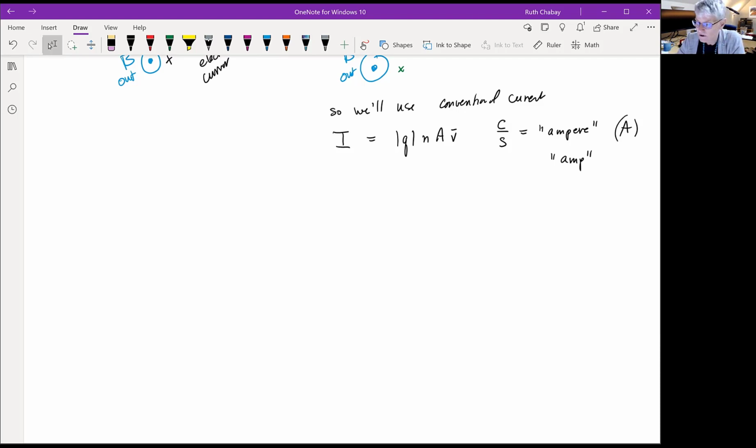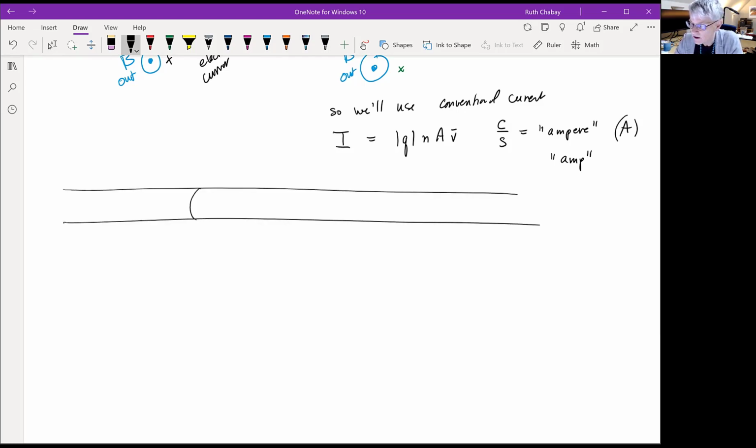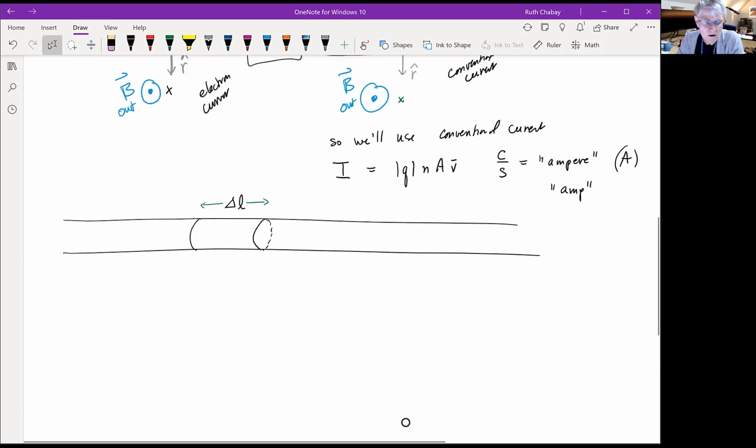So here's our wire, and what we're going to do is take one little piece of the wire with length delta L. That's the length of our piece here. And inside this wire, there are some number of imaginary positive charges moving, let's say they're moving to the right.